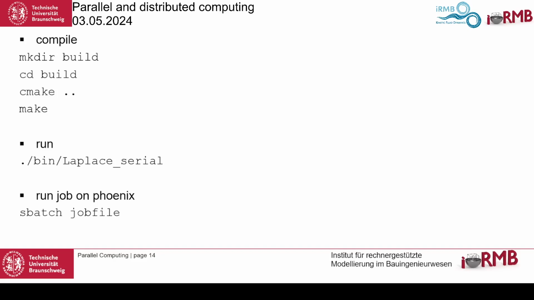So, concerning the resources that you requested. In a batch system, like Phoenix, you cannot just request one compute node, but you can specify the number of compute nodes that you need, because you have a distributed problem.